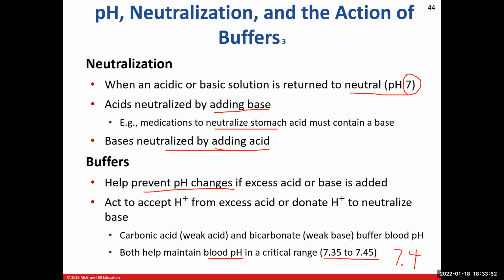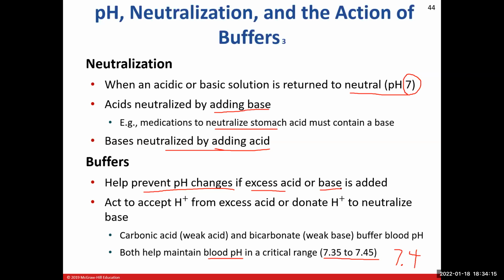Of course, something's going to happen, and we can add either excess acid or excess base to your blood, and that will start to change the pH of your blood. We have to keep it at this value, because then bad things will happen. You'll learn about some of these bad things as the course goes on.